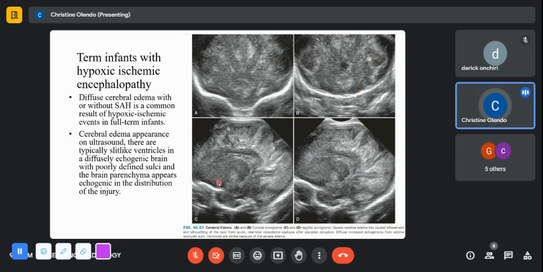In the parasagittal views in C and D, you can also see that the white matter is echogenic. You cannot visualize the lateral ventricle as well as in a normal infant. So they would present more with features of cerebral edema.